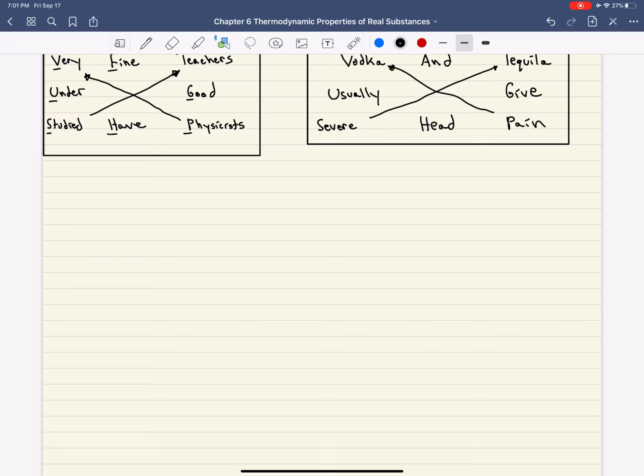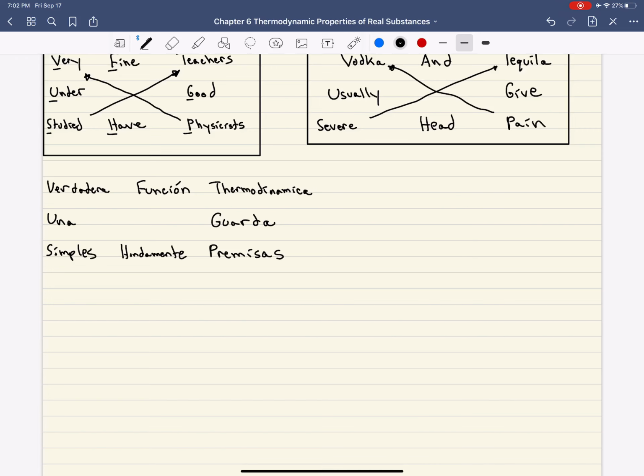And so this one would be: una verdadera función thermodinámica guarda premisas hondamente simples, or something like that.